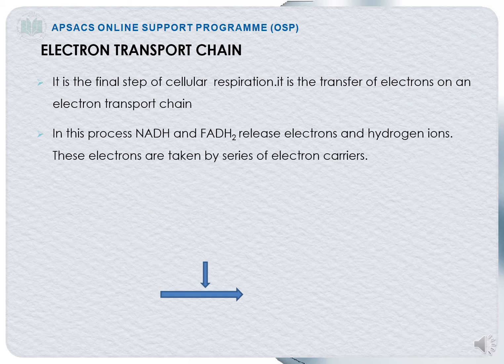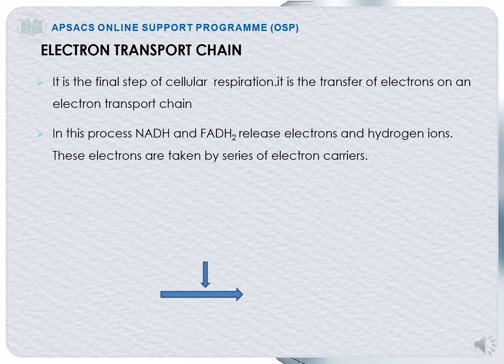In this process, NADH and FADH2 release electrons and hydrogen ions. These electrons are taken by a series of electron carriers. As NADH and FADH2 were produced in the Krebs cycle, now these energy products will release their electrons and hydrogen.